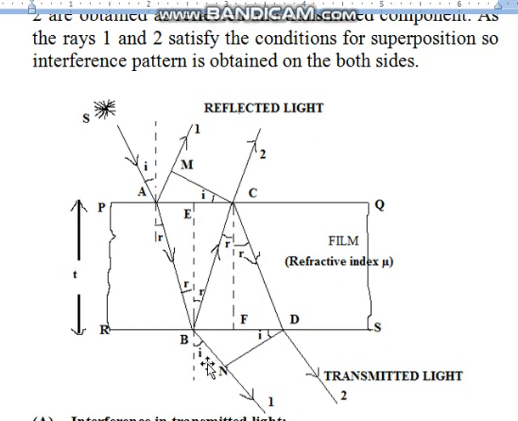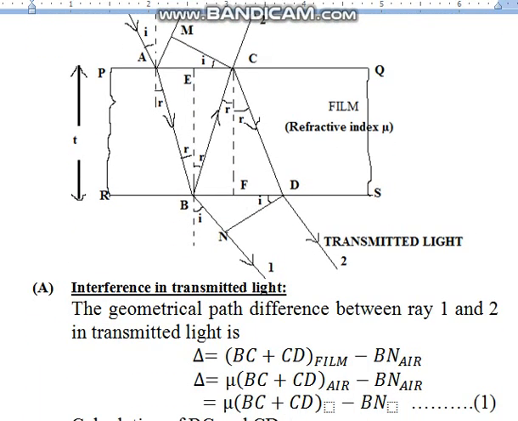So what is the path difference in the interference in the transmitted light? This is the B part.